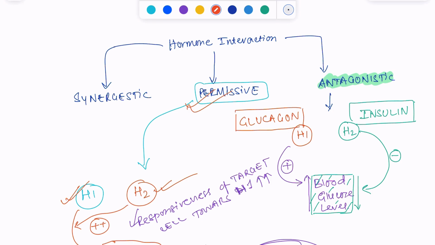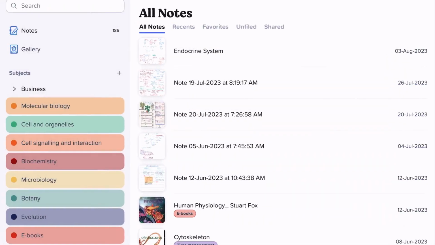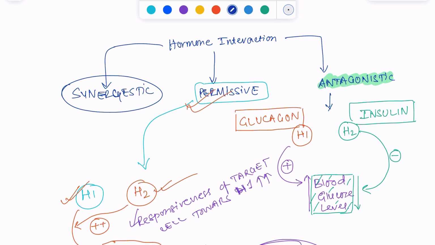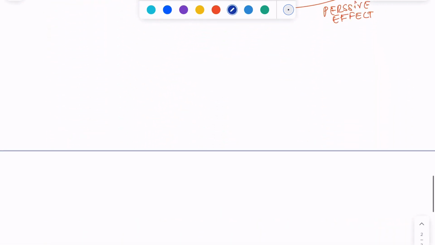Okay, next we are discussing the synergistic effect. So that is the synergistic effect we'll discuss now.